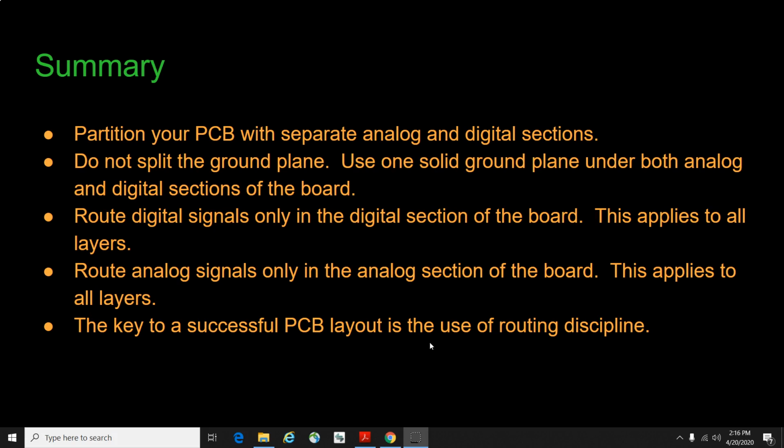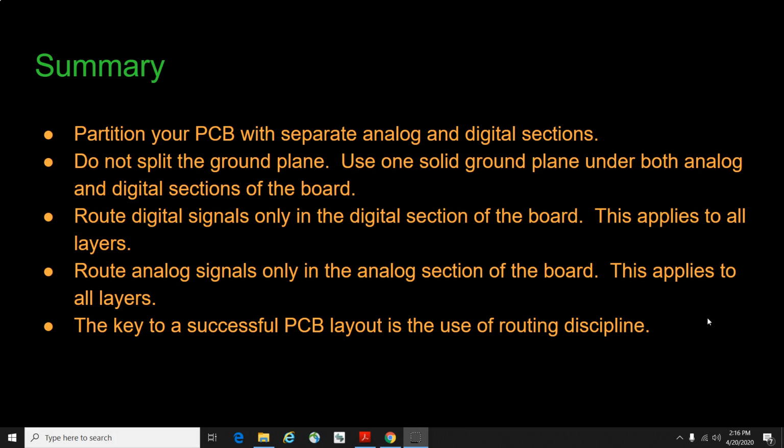And if the layout is done properly, the digital ground currents will remain in the digital section of the board and will not interfere with the analog signals. The routing, however, should be checked carefully to ensure that the above mentioned routing restrictions are followed.